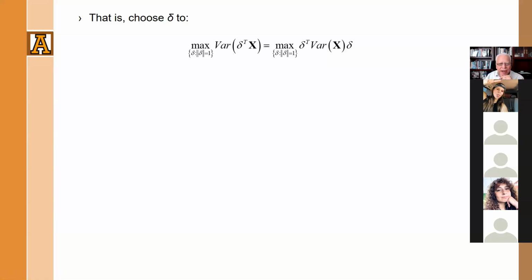We want to maximize the variance of delta transpose x, and that is maximizing the variance of x times delta. In a multivariate case, the variance of a vector times a matrix, where x is the matrix of random variables. See here, the random variables are x. X is the matrix of random variables. So delta is not random. Delta is a constant that we're going to be looking for.